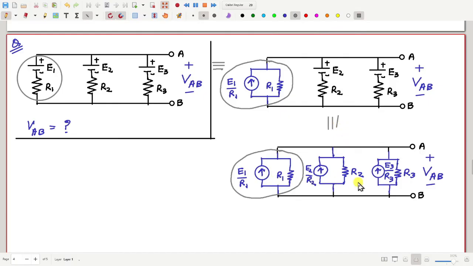The sources are changed, but outside portion is still unchanged, and nothing will change there. So VAB still remains same. And now this third circuit is much simpler to solve. What I will do, I will simply redraw the circuit by keeping the current sources together and the resistors together.